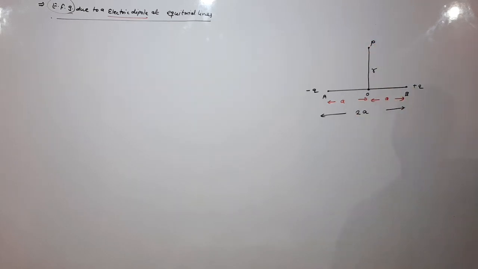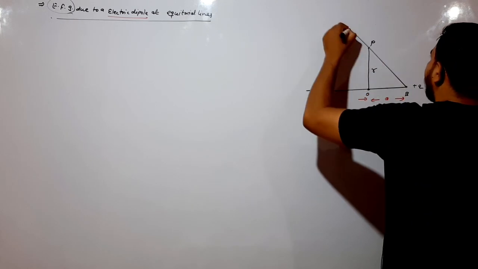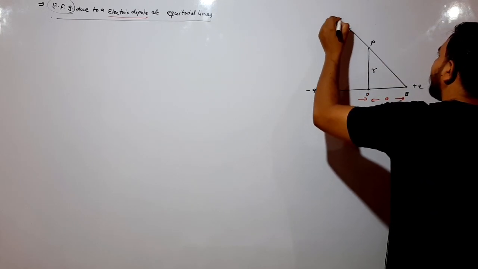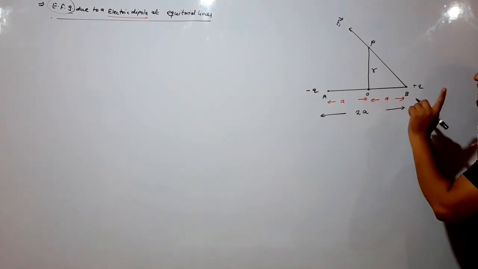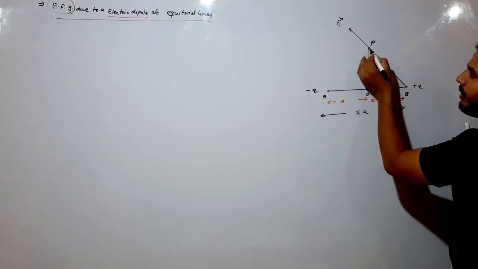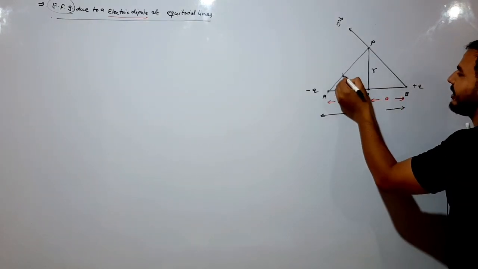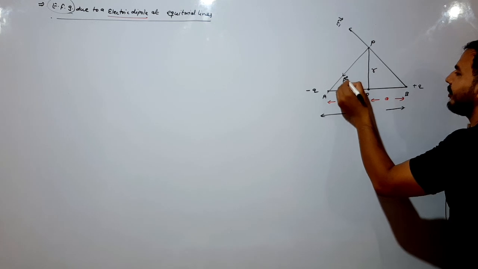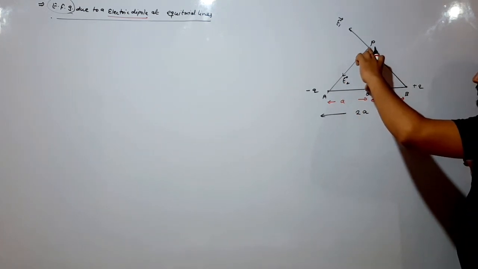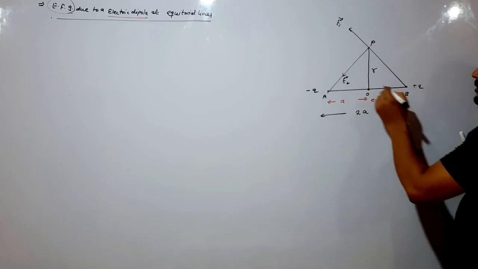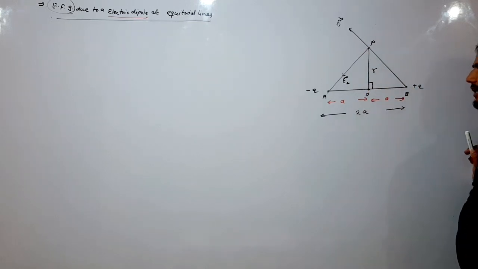Due to the plus q charge, the direction of electric field E1 is along B to P, which is outside the electric charge. Due to the minus q charge, the E2 vector is directed inside, toward the minus q charge. This side is perpendicular, this is base, so this is the 90 degree.